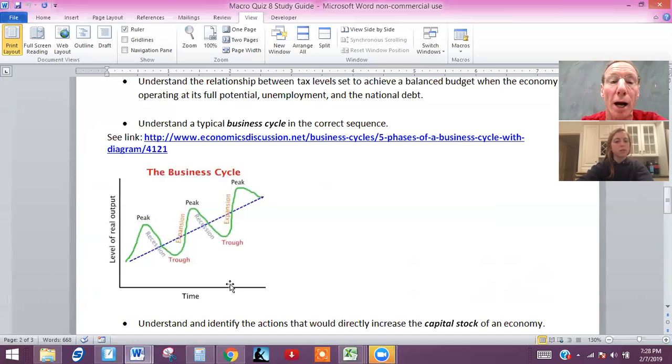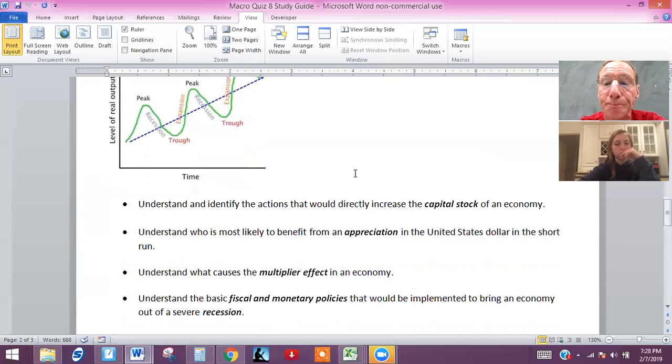So don't just memorize it. Really look at this and say, well, what makes sense? It just makes sense that you would go peak, recession, trough, expansion, peak. Okay, so that makes sense. And there's a website right here that I found that explains it if you want to go there.